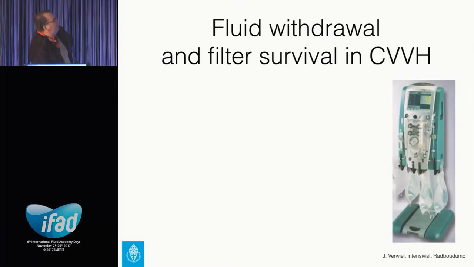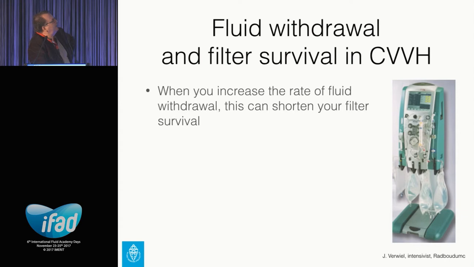Well, how do we do that withdrawal of fluids in CVVH? We can just set a number in the display, but sometimes we see the filter will die within a few hours, and that is because when we have a high rate of fluid withdrawal, this shortens the filter survival.